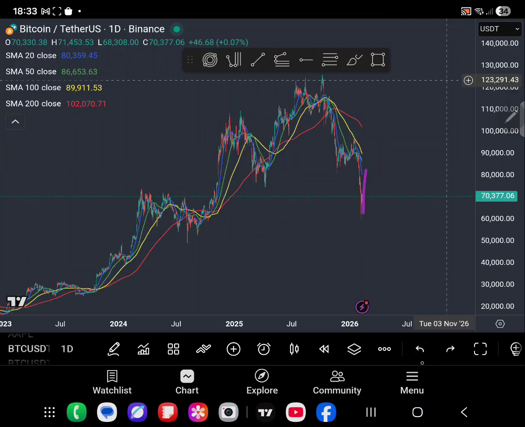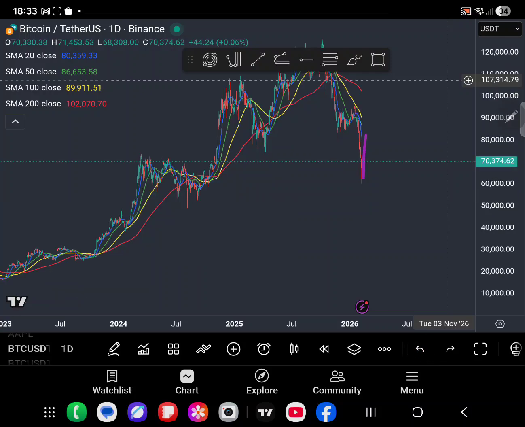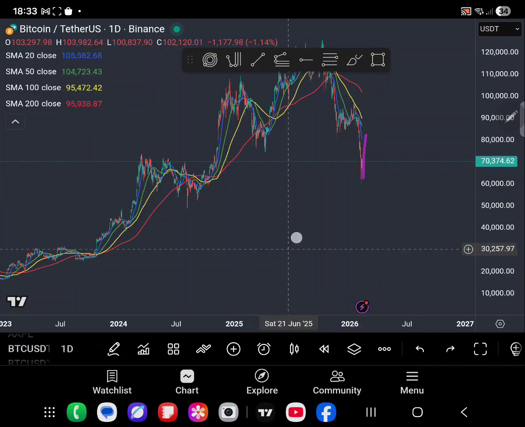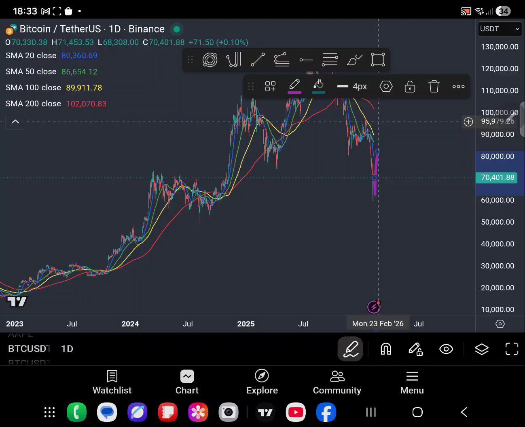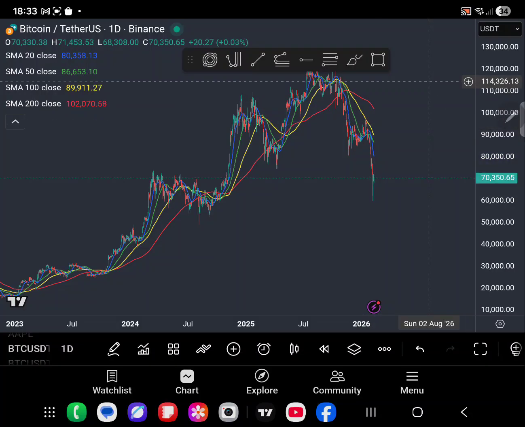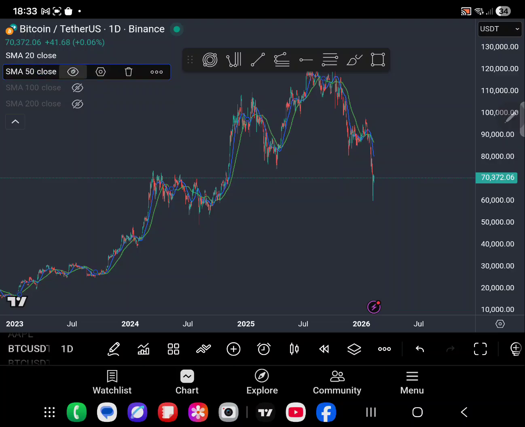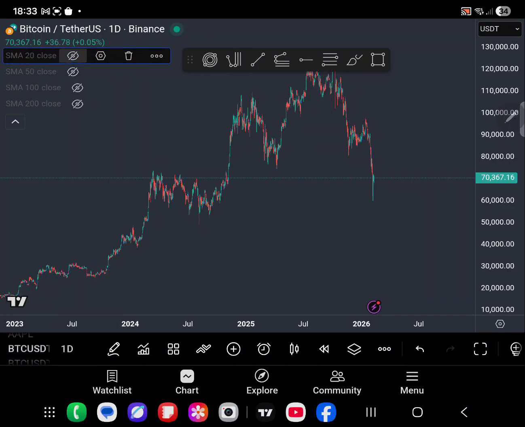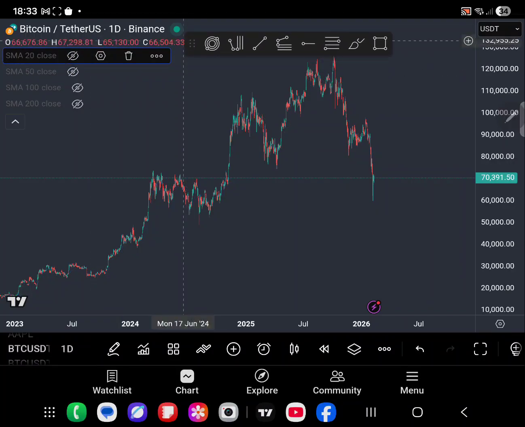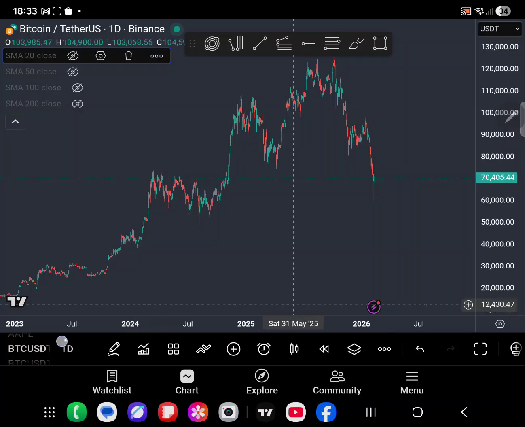But what are my current thoughts? What's my Elliott wave count on Bitcoin? I'll show you quickly. I want a higher time frame.